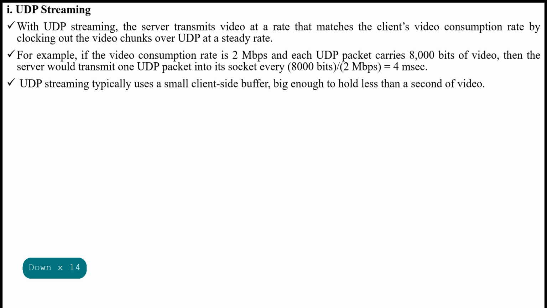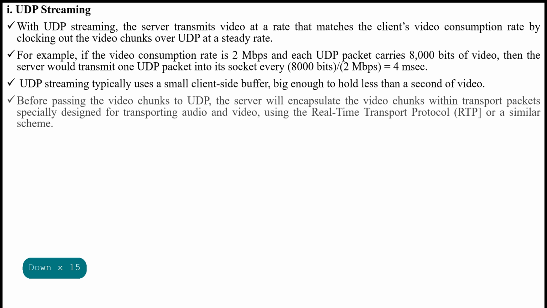UDP streaming typically uses a small client-side buffer big enough to hold less than a second of video. And before passing the video chunks to UDP, the server will encapsulate the video chunks within transport packets specially designed for transporting audio and video using the real-time transport protocol, that is RTP, or a similar scheme.